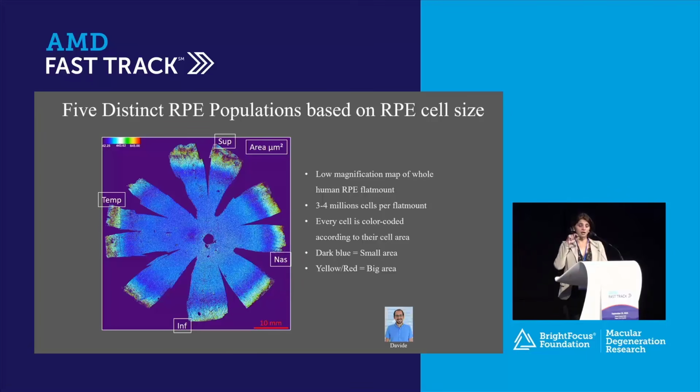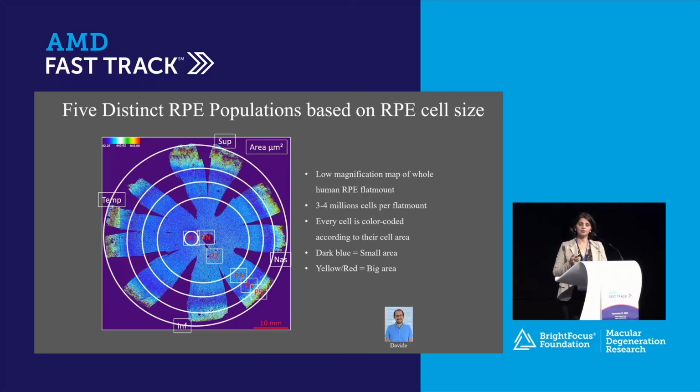So here, the darker color tells you the cells are smaller, and the yellow or the orange color tells you the cells are bigger. So when we divided this map, what we found is that there were 5 different RPE populations on human RPE flat mount, which were different in their cell size.